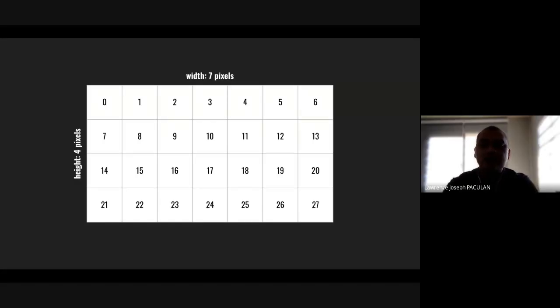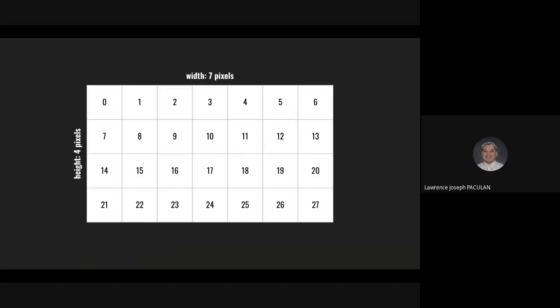But the indices run from 0 to 27. So it's important that we know where to find a particular pixel. We need their index number, or their location index.